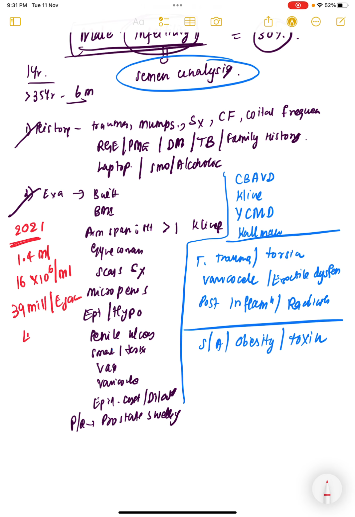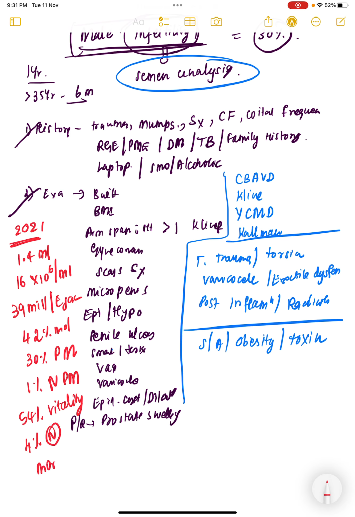Total motility is 42%, whereas progressive motility is 30%. Non-progressive motility is 1%, and 54% should be viable, that is vitality 54%. For morphology, at least 4% should be normal. This is in brief about the 2021 semen analysis.